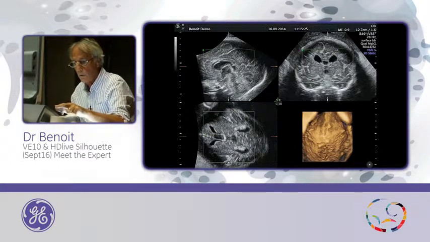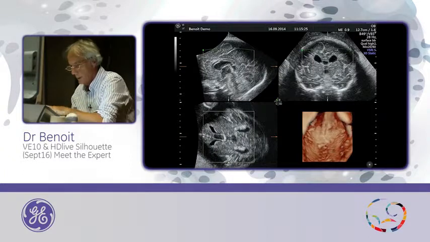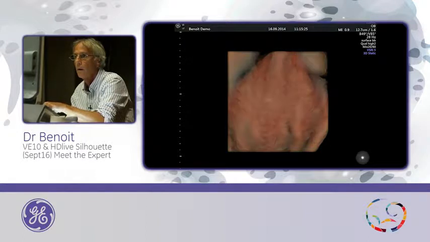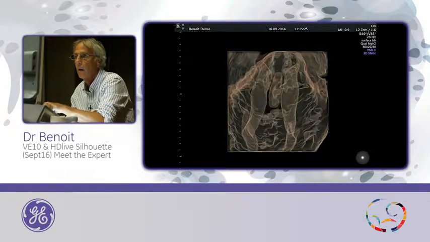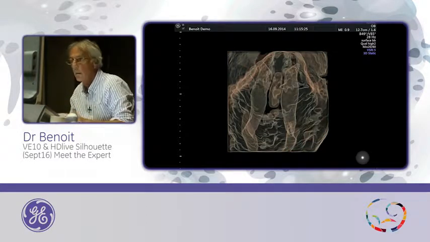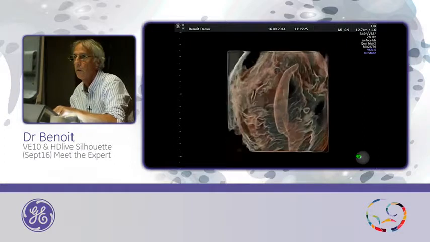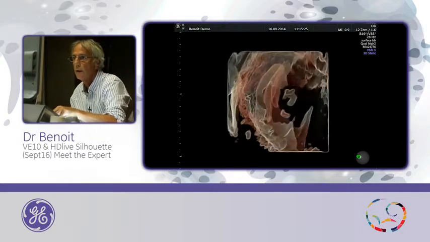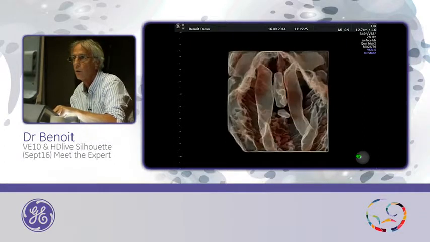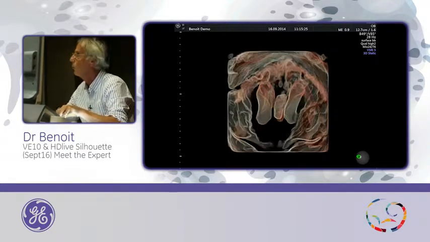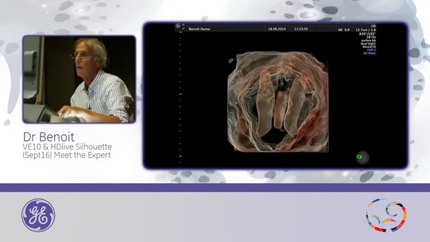Rotate. Okay. Main render. I switch to HD Live. And now increase the silhouette. And this is with the silhouette. You can see the two lateral ventricles, the third ventricle.